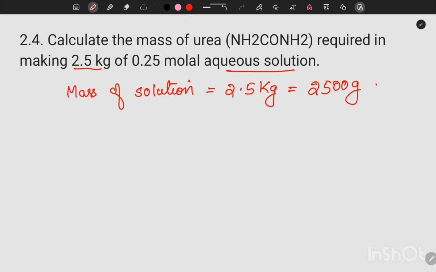And molality of the solution is given 0.25 molal. Small letter m represents molality. 0.25 molal means 0.25 moles urea is present in 1000 gram water.